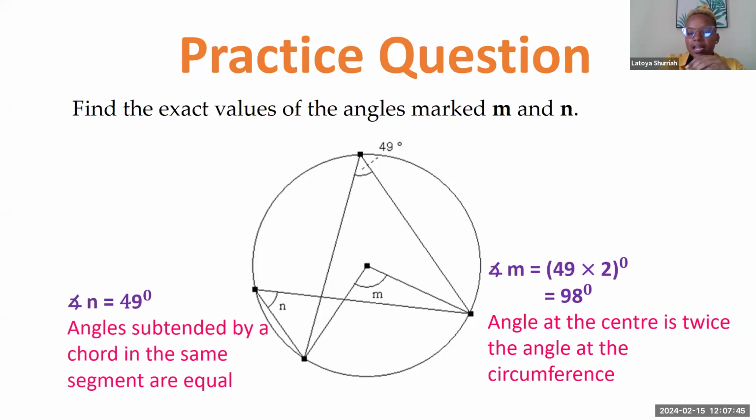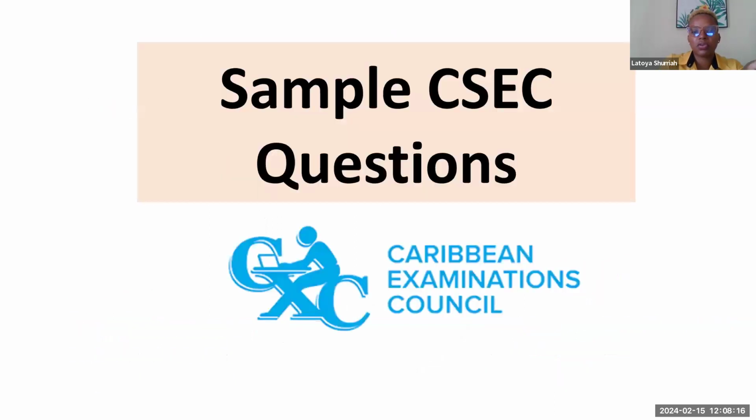And if you identified angle N as 49 degrees because the angle subtended by the same chord, well, technically arc as well, but by the same chord, in the same segment, they are equal. So good job for those who went ahead and got those answers. And if you didn't get it on this try, it's okay. You're going to get it on the next one, I'm sure.